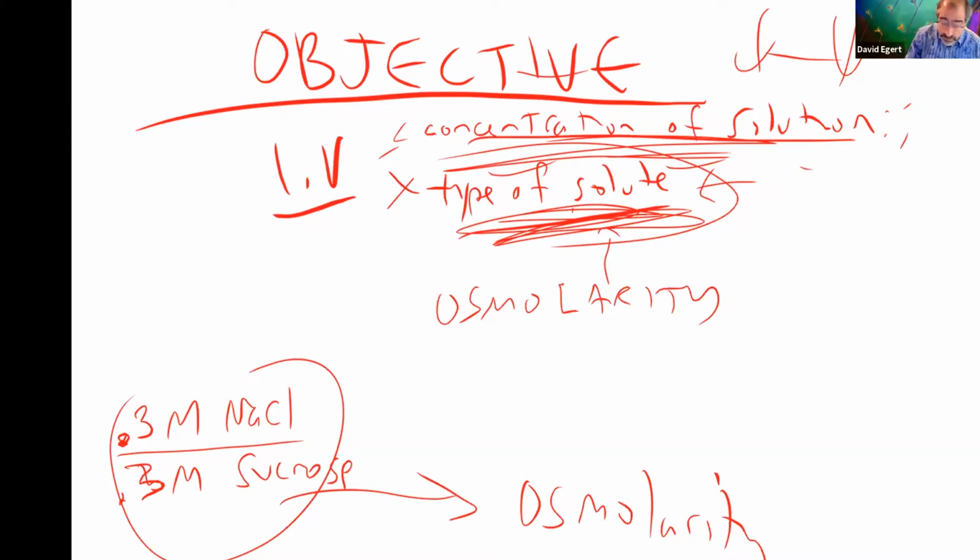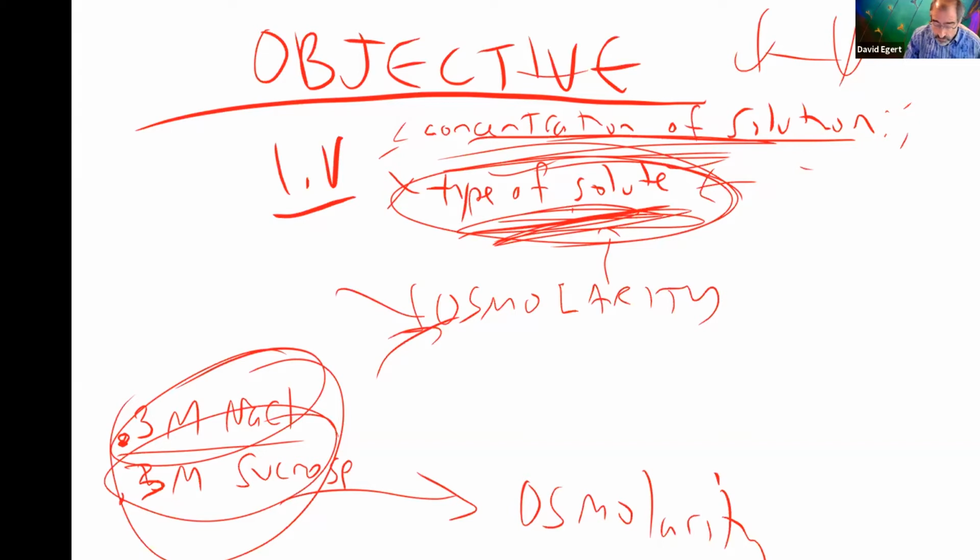So you need to pay attention to the type of solute, both to calculate the osmolarity from the molarity, and also, even once you know the osmolarity, to determine whether it is actually isotonic or hypotonic. Just because you know the osmolarity doesn't mean you know if the cell is happy until you also know if the solute is penetrating or not.